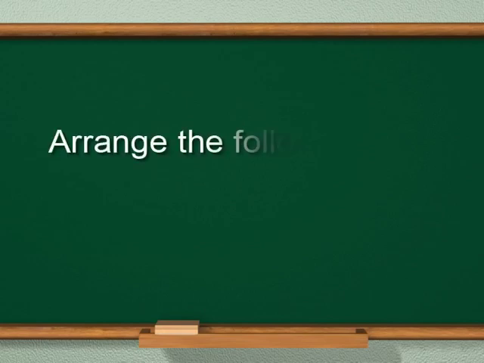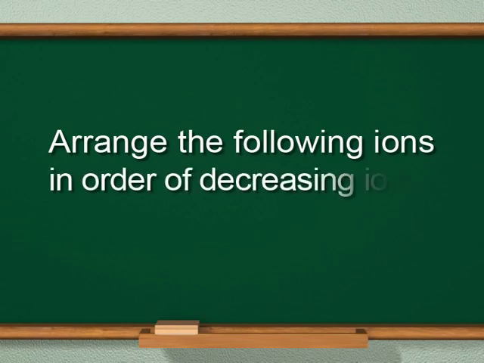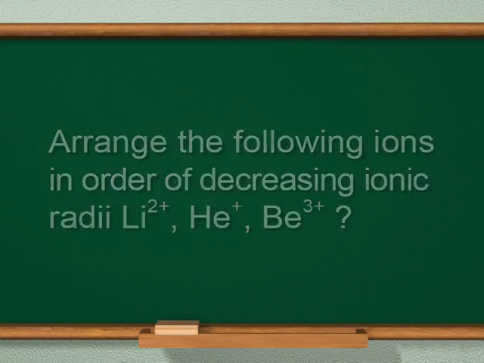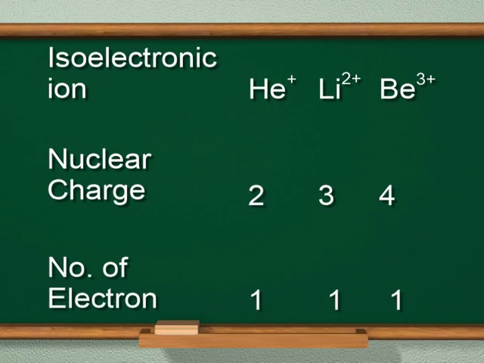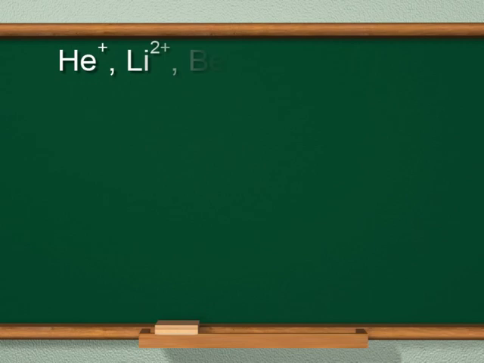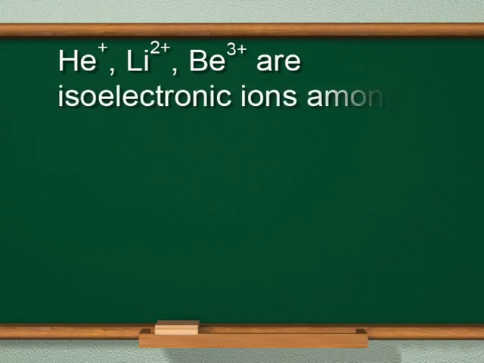Let us take one question here. Arrange the following ions in order of decreasing ionic radii: lithium dipositive ion, helium monopositive ion, beryllium tripositive ion. And the answer is, from the chart we can see that helium monopositive ion, lithium dipositive ion, beryllium tripositive ion are isoelectronic ions.